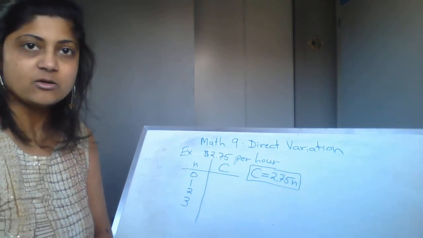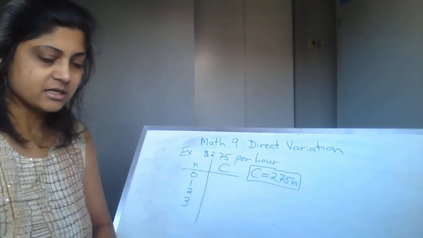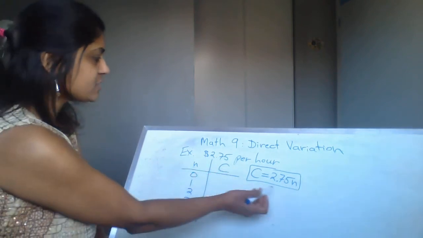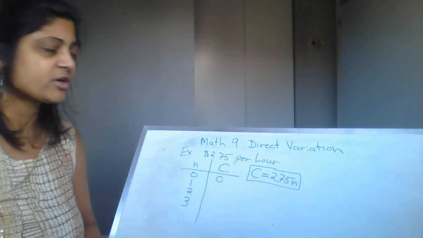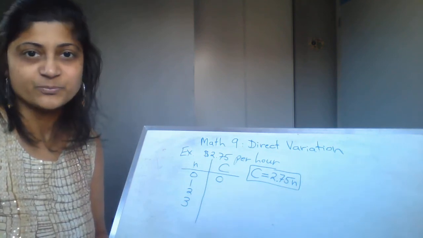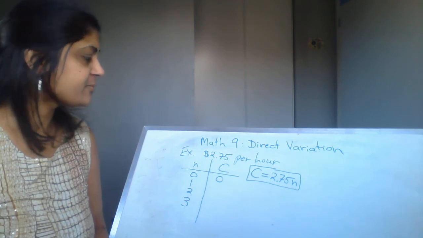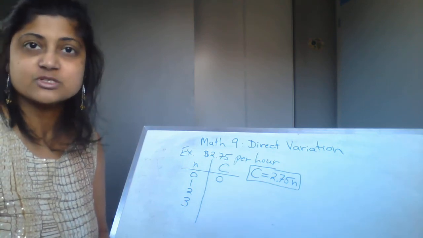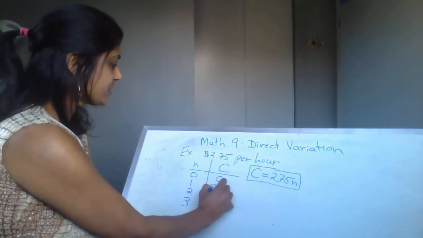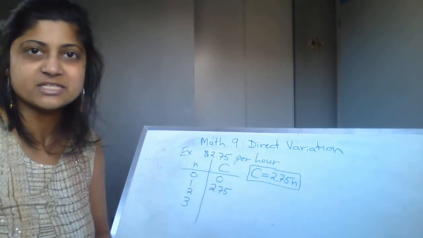All right, and now all we're doing is just plugging in our values into our calculator. So if you plug in 0 for N, it's 2.75 times 0, which is equal to 0. So say I plug in N equals 1, it's going to be 2.75 times 1, which is equal to 2.75. Does everyone see that?